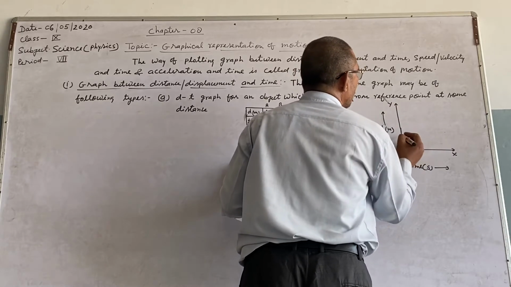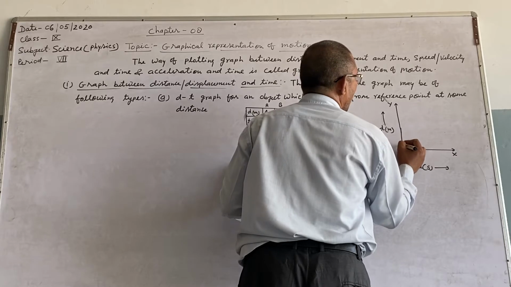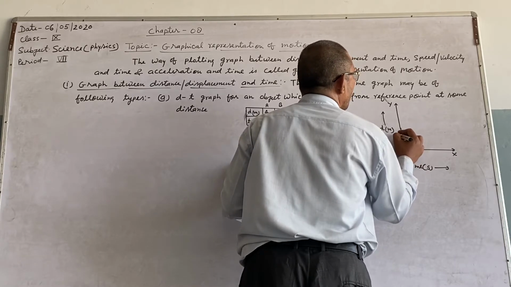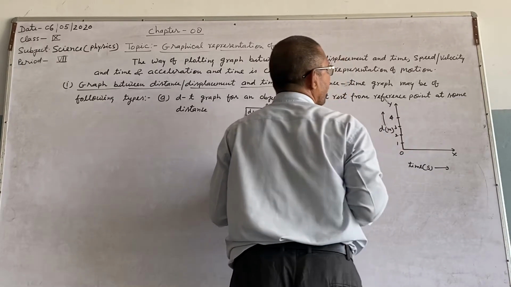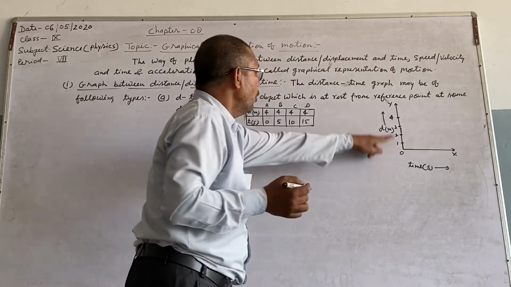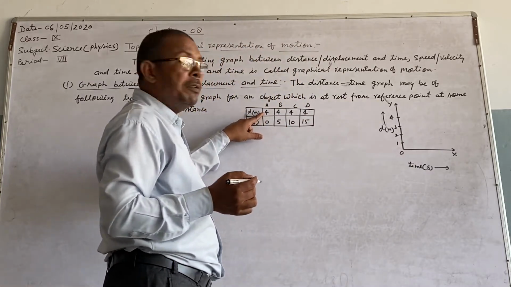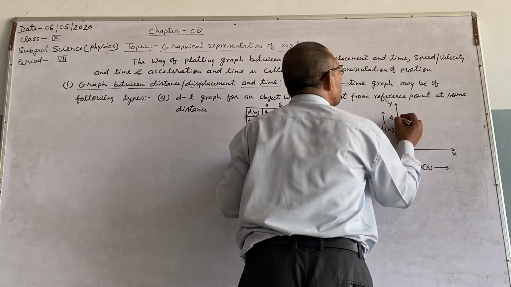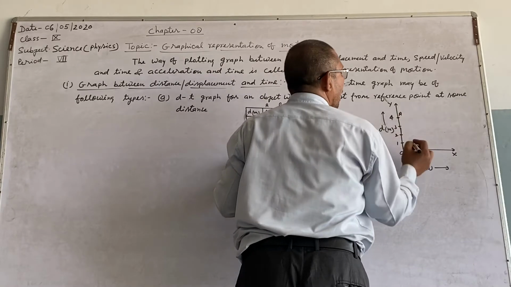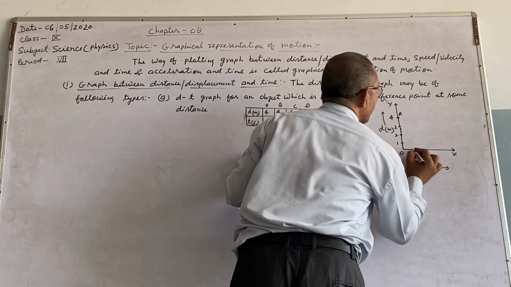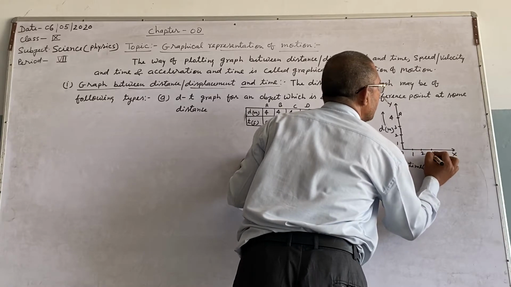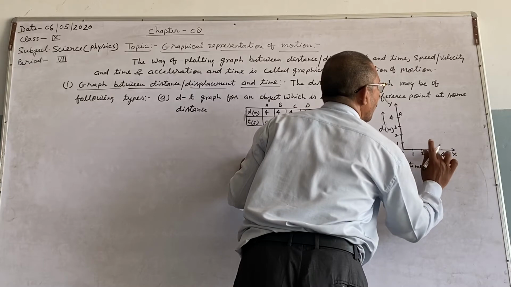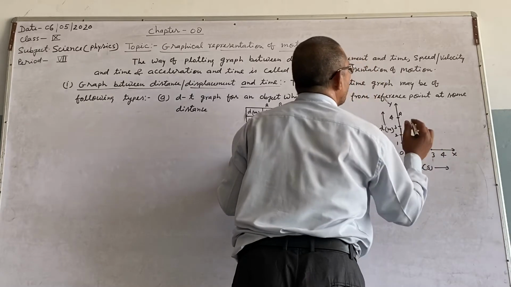Right? So let 1, 2, 3 and 4. At time t0, distance is 4 meter, so this is point A, and here see again 1 second, 2, 3, 4 and so on.